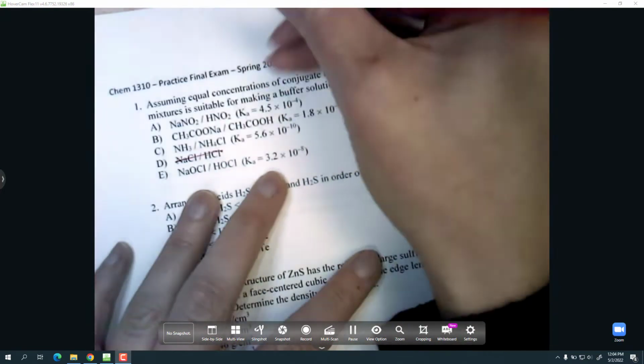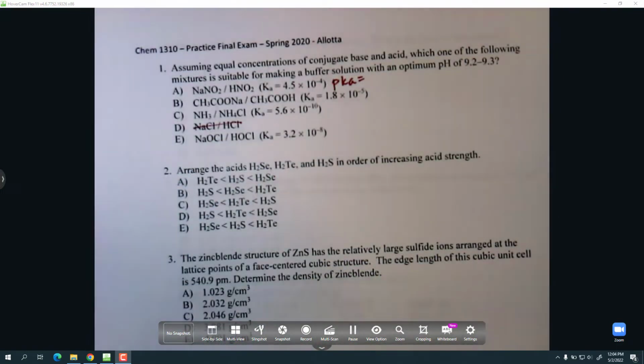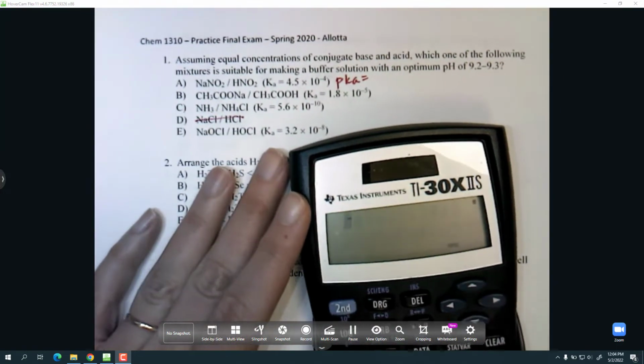So I'm going to figure out the pKa for each one. And remember, that's just minus the log of the Ka, so grab my calculator.